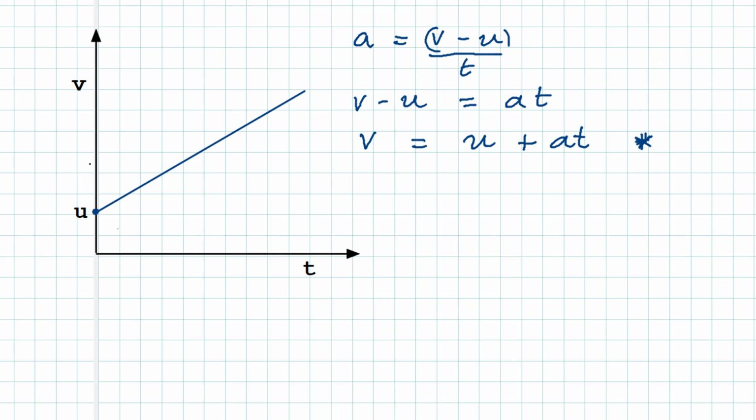But what we'd like to know is, is there one for the displacement of the object? Well, from our previous examples, we know that the displacement of an object is equal to the average velocity times the time. And we know the average velocity is 1/2 of the starting velocity plus the final velocity, multiplied by t.